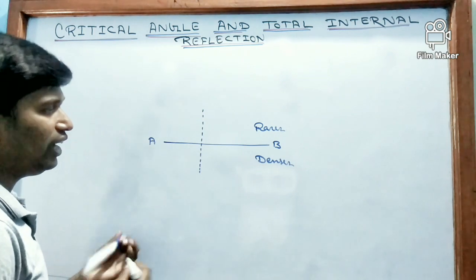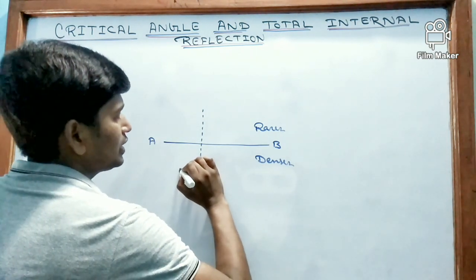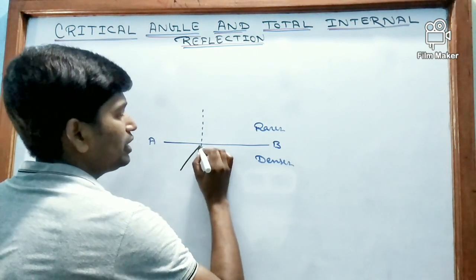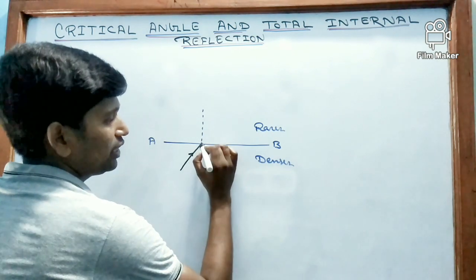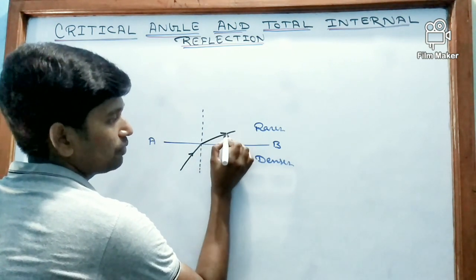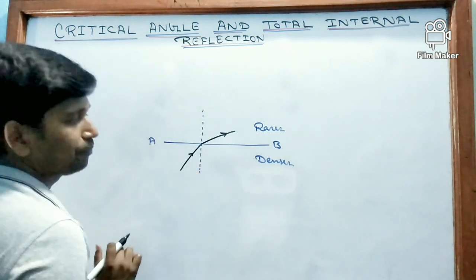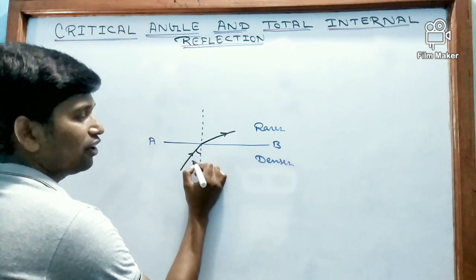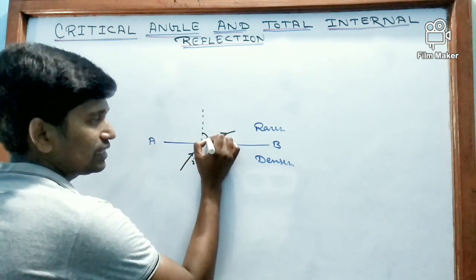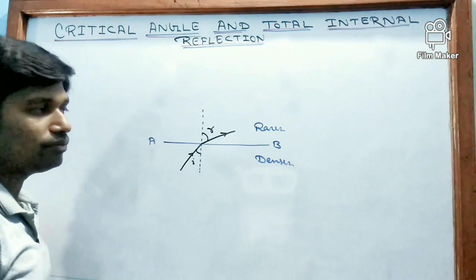As we know, when a ray of light travels from denser medium to rarer medium, it bends away from the normal. It is bending away. This angle is the angle of incidence and this is the angle of refraction.